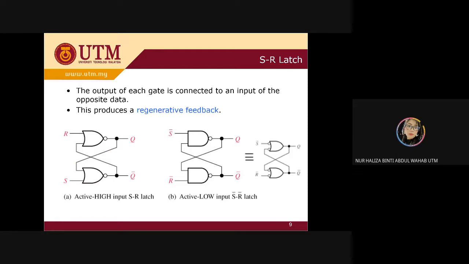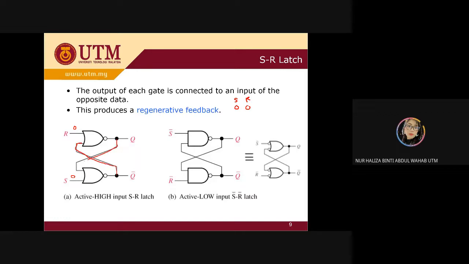Let me give you an example. You have the inputs S and R as 0, 0. We assume it to be 0, 0 only, okay? Here is 0. Here is 0. When you have 0, you're going to have some output here before you can proceed to get the output of Q bar and also Q. So you need to know the first initial output.